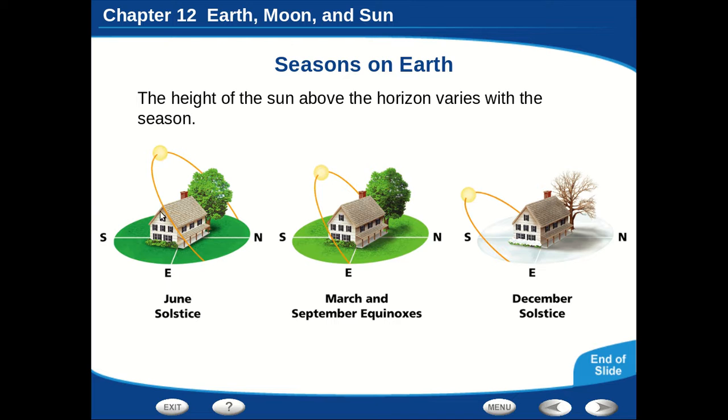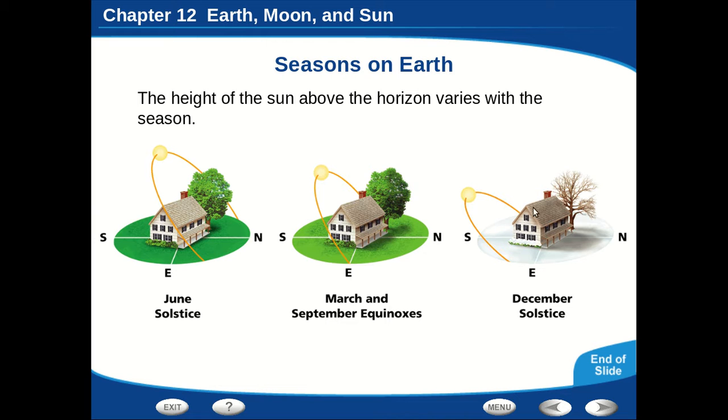So the height of the sun above the horizon varies with the season. In the summertime, in June, we can see that sunlight is beaming directly overhead almost. It's on a little curve, but we're getting a nice hit of sun, and it's making us really hot. In March and September, you can see the sun is a little bit lower on the horizon. And if you want to compare December to June, you can see how much lower on the horizon the sun is in December than June.